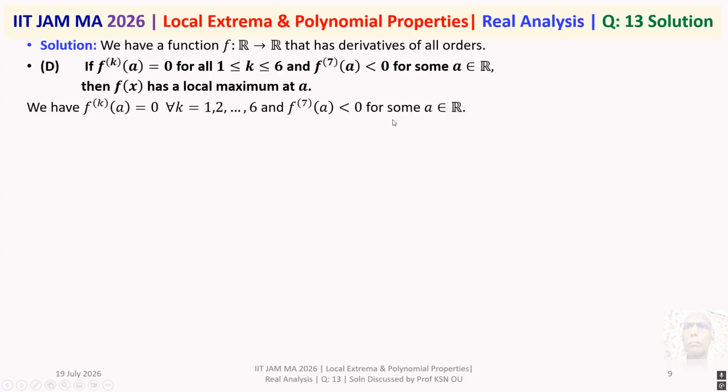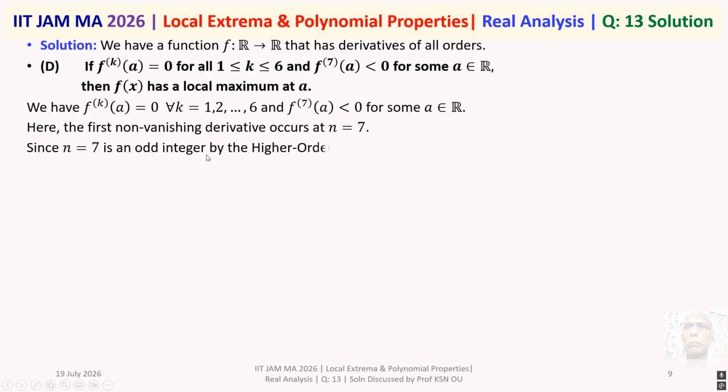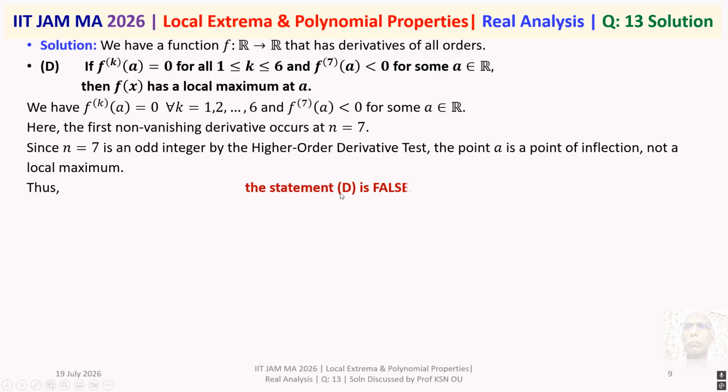That means it is not equal to 0 for some a belongs to R. Here, the first non-vanishing derivative occurs at n equal to 7. Since n equal to 7 is an odd integer, by the higher order derivative test, the point a is a point of inflection, not a local maximum. Thus, the statement D is false.